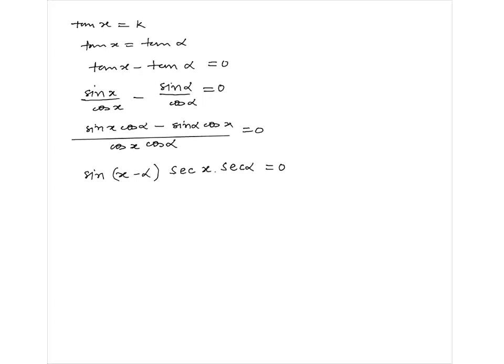And what does it mean if sine of x minus alpha is 0? x minus alpha is 0. 0 is some particular solution. What is the general solution? So n pi.